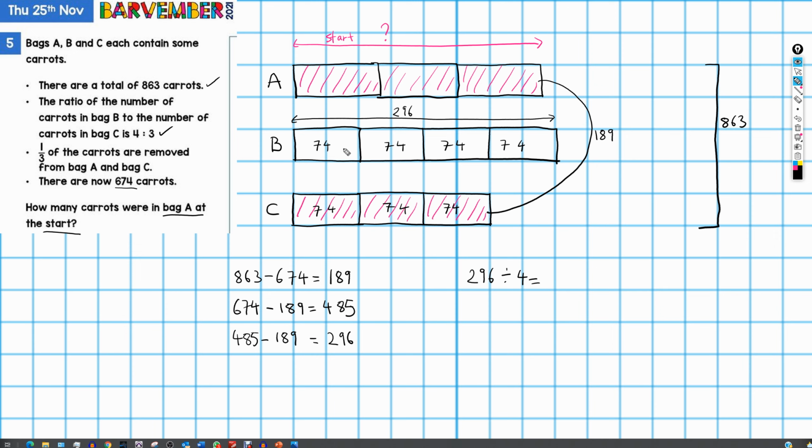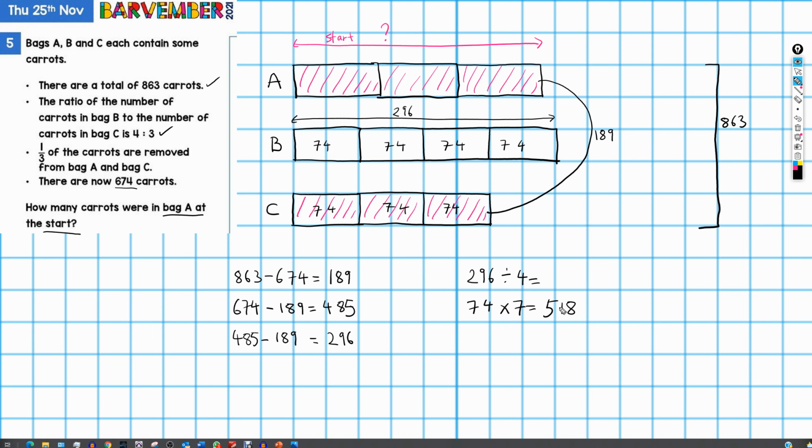So that's how many parts? 1, 2, 3, 4, 5, 6, 7. So we can do 74 times 7, and that gives us 518.